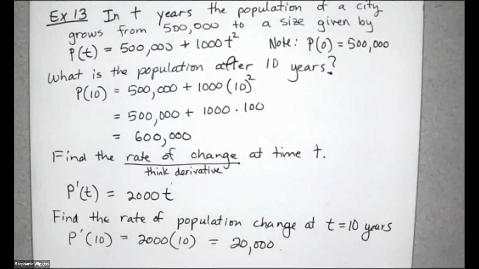So obviously the population starting out at t equals 0 is increasing by, well, after 1 year, the rate that it increases is 2,000. And the rate at which it increases is going up also. So by the time you get to year 10, you're increasing at a rate of 20,000 per year. So that's how that works.